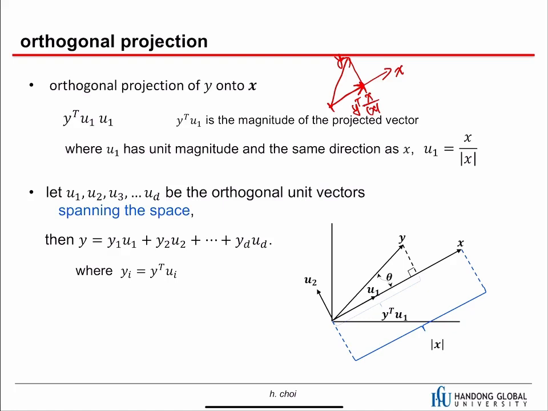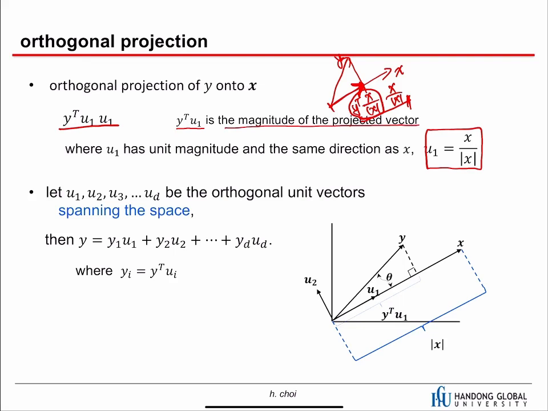So this is the length of this vector. So this is actually a constant. And x, this one is a unit vector. So this one is actually this vector, right? So this is what this says. As I said, y transpose u1. u1 is, by the way, a unit vector in the same direction as x. So y transpose u1 is the magnitude of the projected vector, the length of the vector.